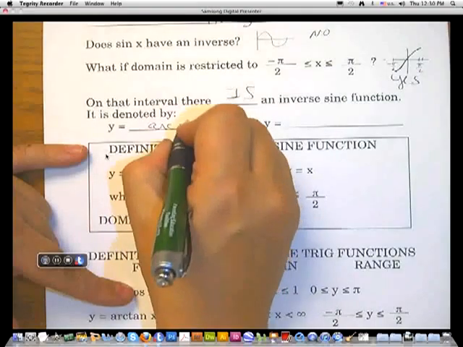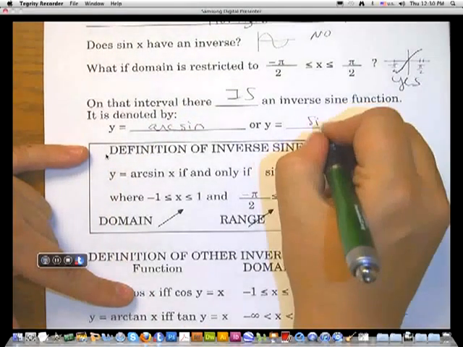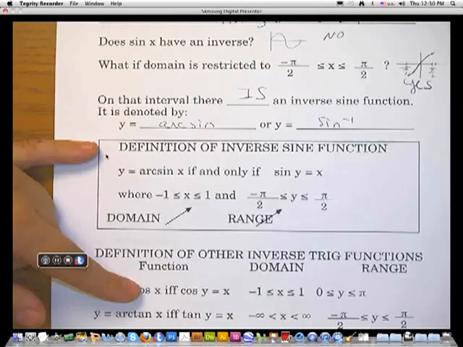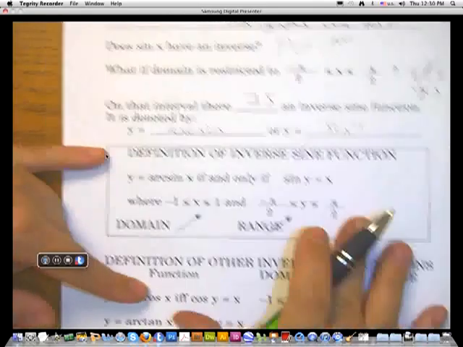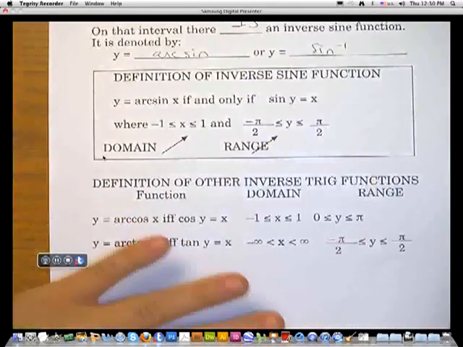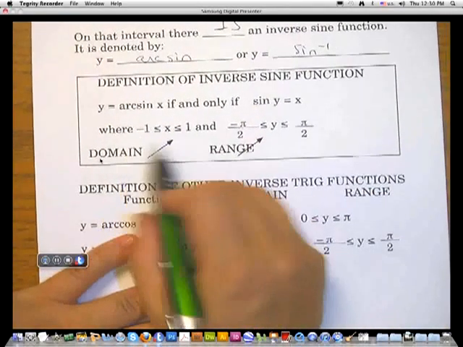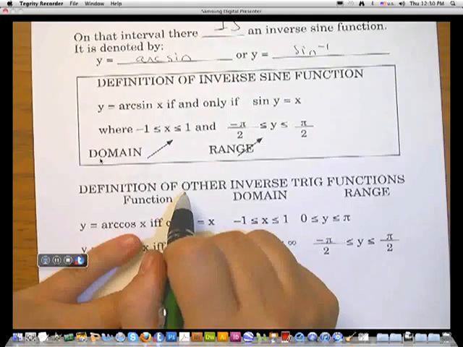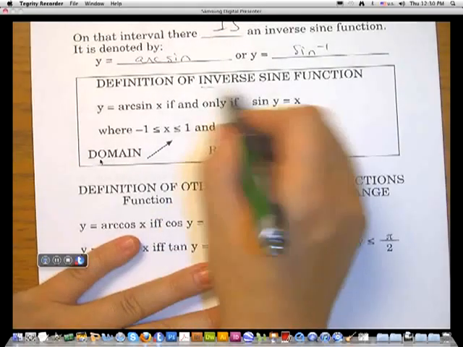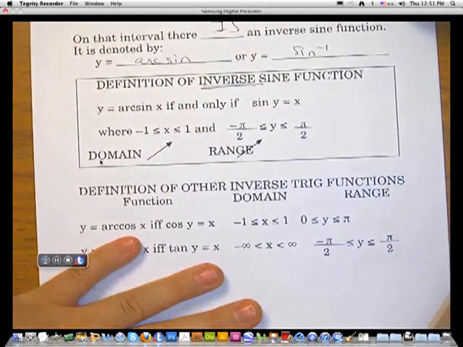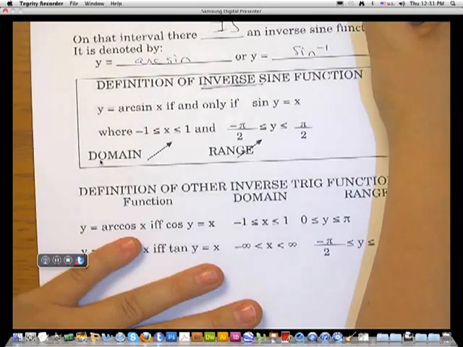We use the word arcsine or sine to the negative 1. They both mean exactly the same thing. So if you see both notations, know that they are interchangeable. The domain is negative 1 to positive 1 because it's an inverse. Remember, we're looking at our y values, positive 1 to negative 1.